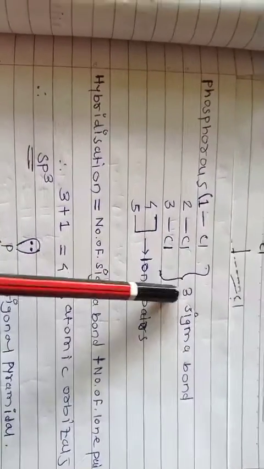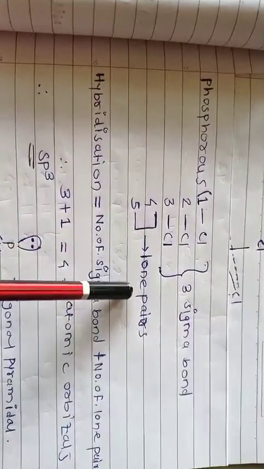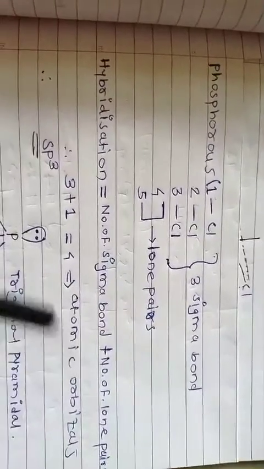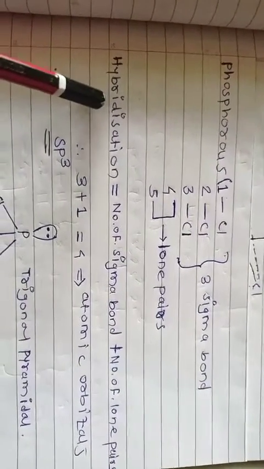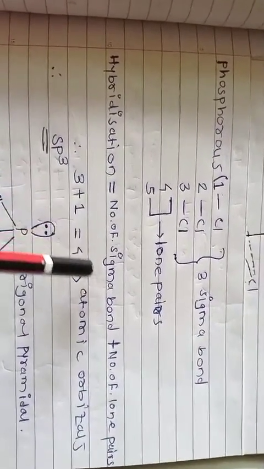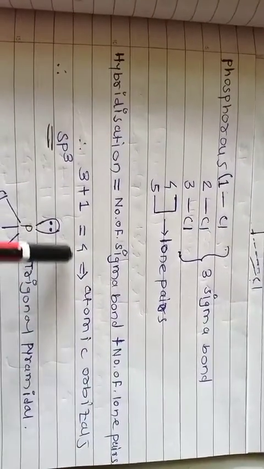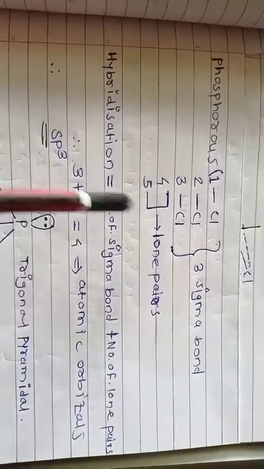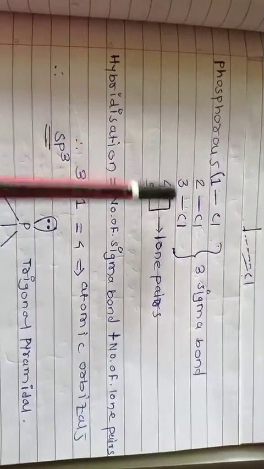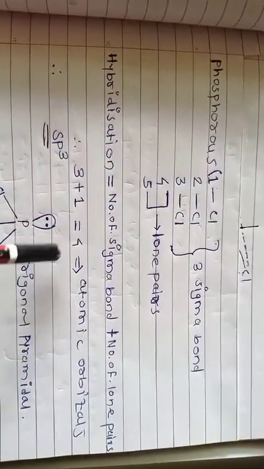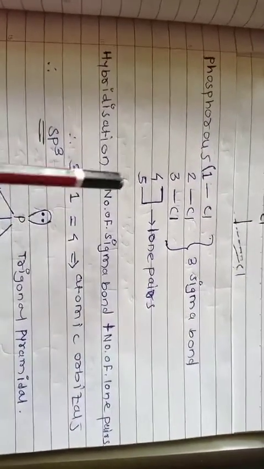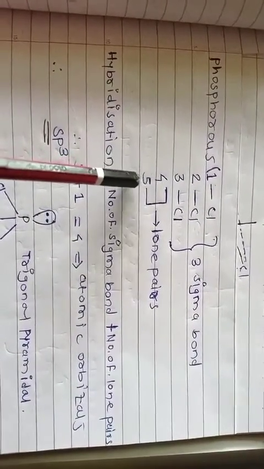Therefore there are 3 sigma bonds and 1 lone pair in PCl3. We know the formula for calculating hybridization equals number of sigma bonds plus number of lone pairs. In PCl3, 3 sigma bonds are formed by chlorine with 3 valence electrons of phosphorus, and 1 lone pair is formed by the 2 remaining valence electrons of phosphorus.